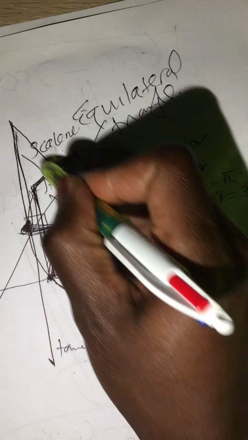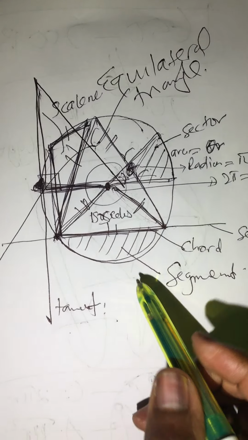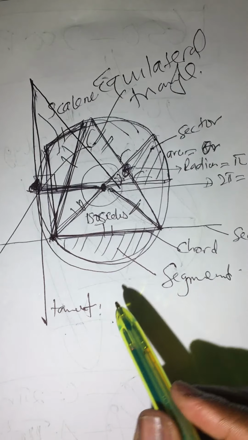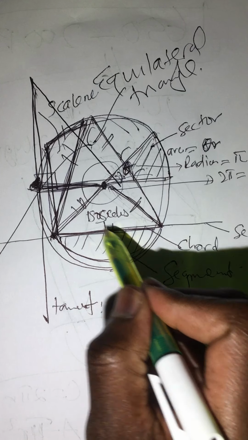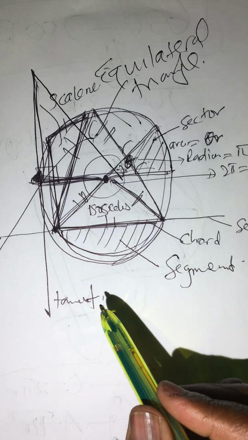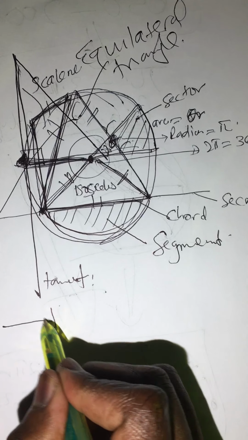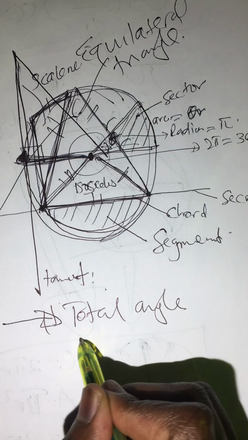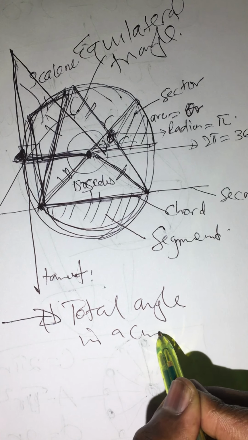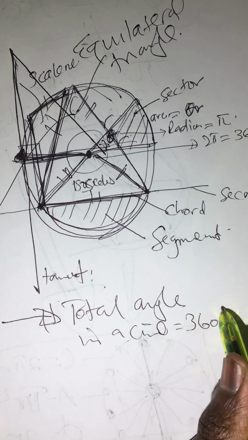The circle defines what is known as a right angle, as we have seen there. So you can see that the circle defines different kinds of angles, lines, curves, and shapes. Also, we know that the total angle in a circle is 360 degrees.